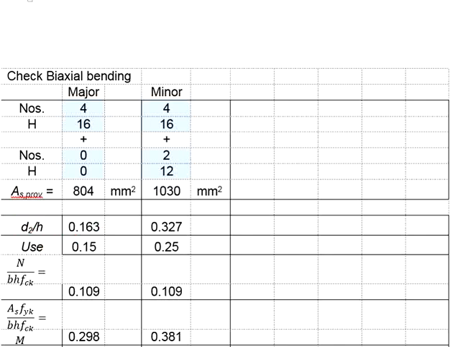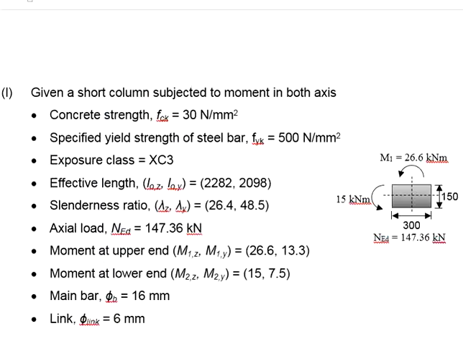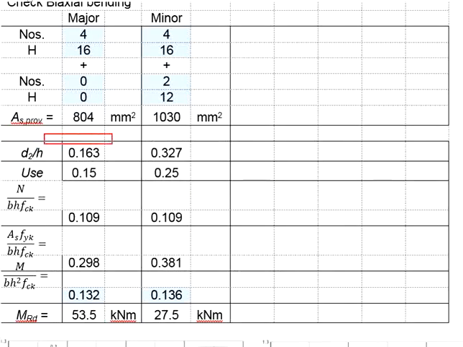For the major axis, the H will be 300. As for the minor axis, the H will be 150. That gives you a D2 per H ratio equal to 0.163 and 0.327. We don't have the chart of 0.163 and also 0.327.